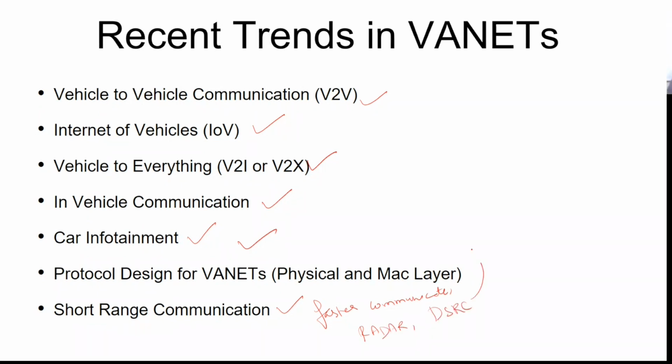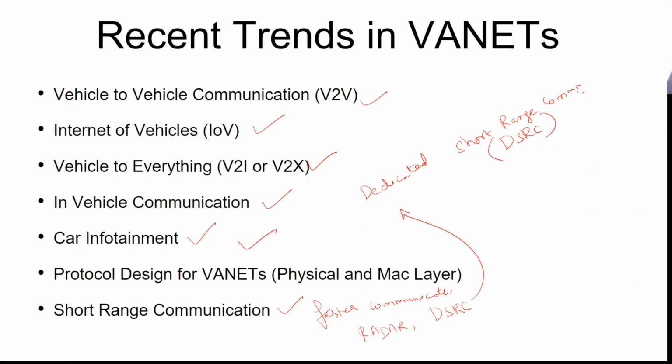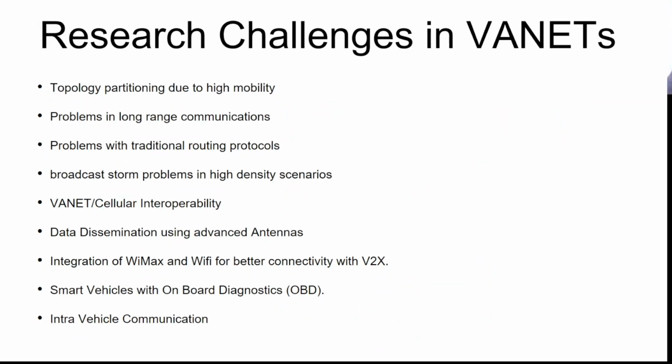So there is a protocol called DSRC, dedicated short range communication. So this is a protocol used in vehicular networks for faster communication between vehicle to vehicle and vehicle to infrastructure. Okay. So these kinds of trends are there in the VANET network.